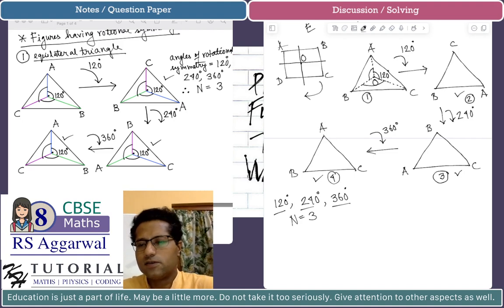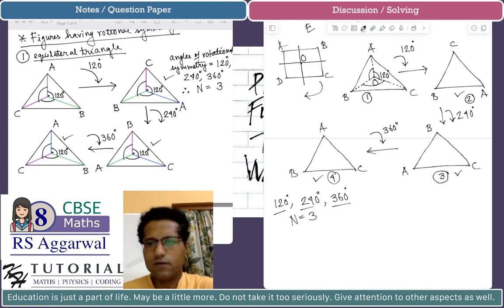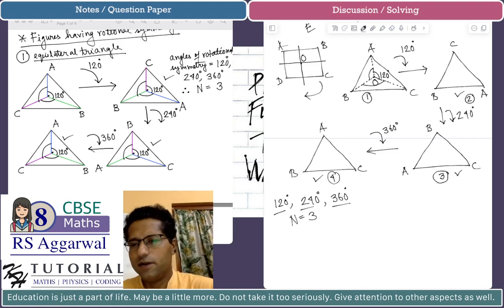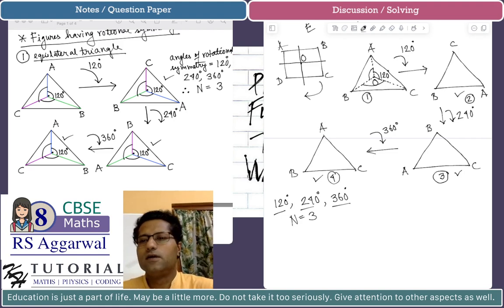and the angles of rotational symmetry are 120 degree, that is after an initial rotation of 120 degree, the triangle will look exactly the same as its initial position, whatever the orientation of the triangle will exactly fit the orientation of the triangle at the beginning.